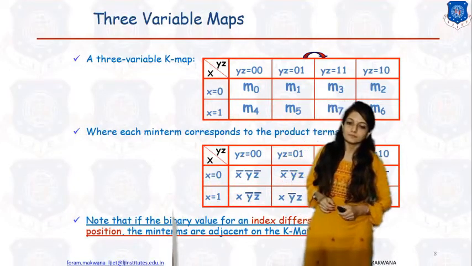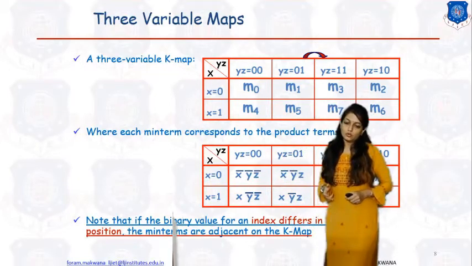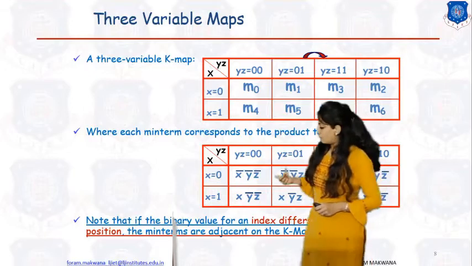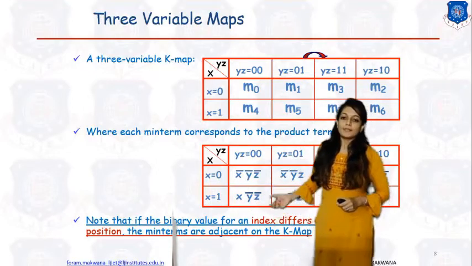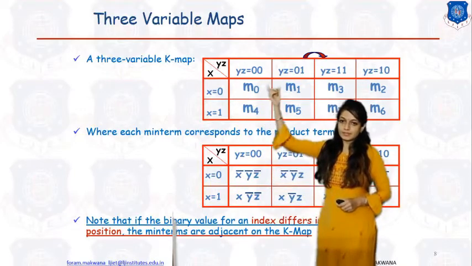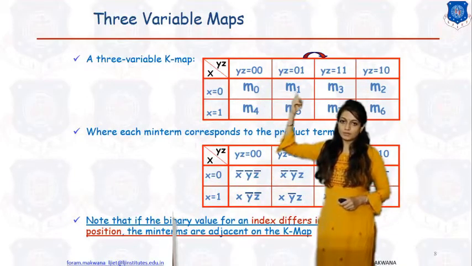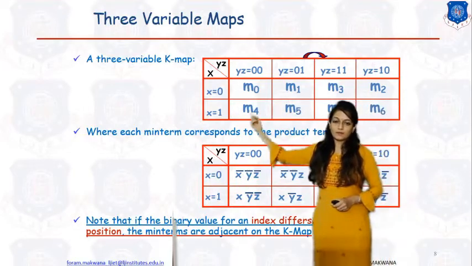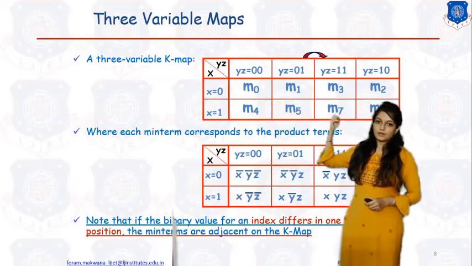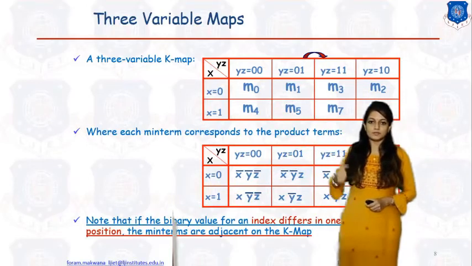Right. So now, how to write inside the 3 variable K map? So the first one represents M0, M1, M2, M3, M4, M5, M6 and M7.